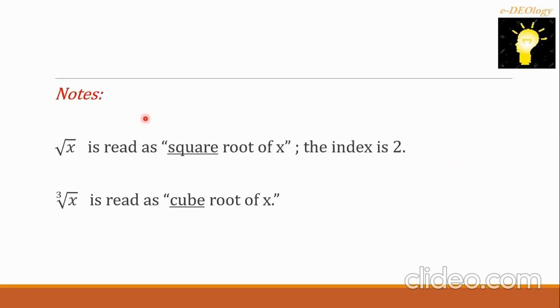We have some notes here. The symbol like this is read as square root of x, and the index is 2. Another, the symbol like this is read as cube root of x. Obviously, the index is 3.